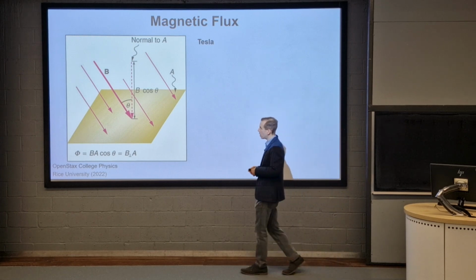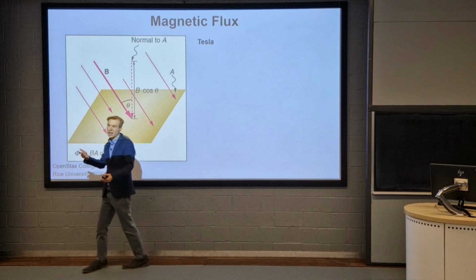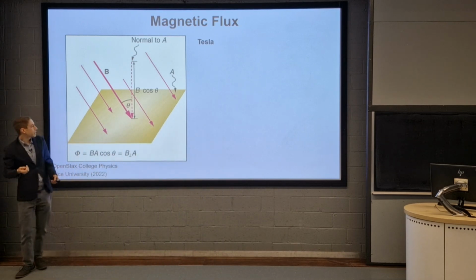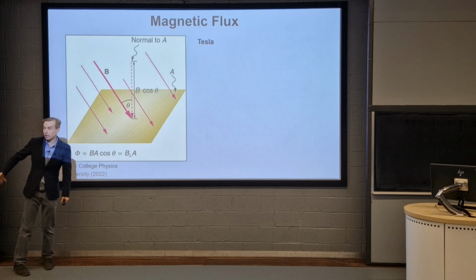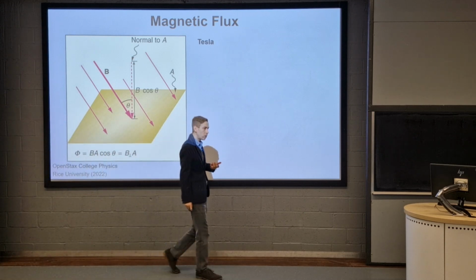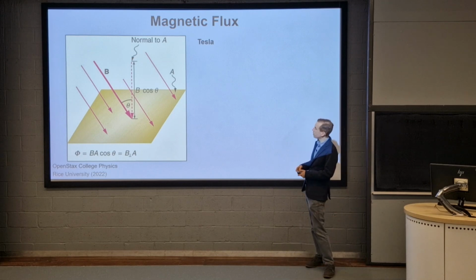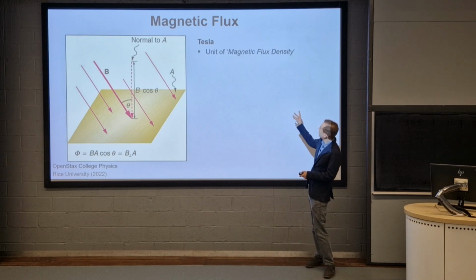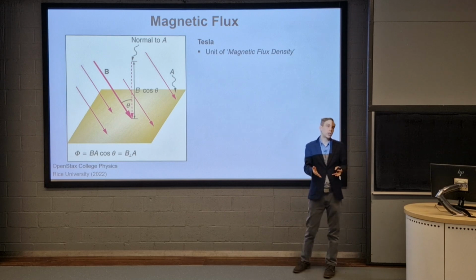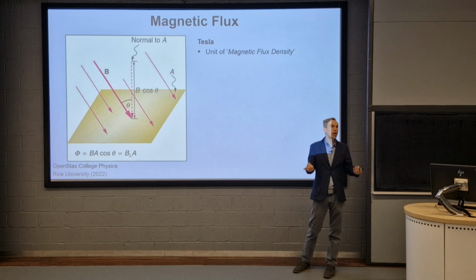The main thing I want to start with here is we've just got some magnetic field lines. We use the letter B for magnetic field, and they're all kind of going in that direction. Let's just worry about that for the time being. Now, previously we've been thinking about the strength of the magnetic field in terms of what we technically call the magnetic flux density, and we measure that in units called Tesla.